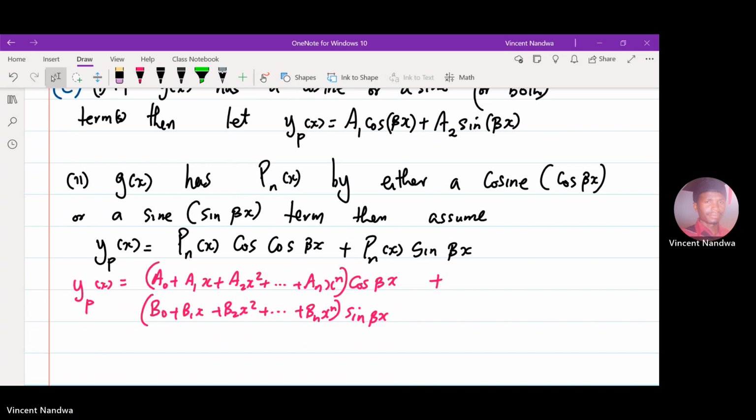And when you differentiate either a cosine function or a sine function, you'll always get an answer in the other form. If it is sine, you'll get a cosine, and if it's cosine you get a sine. So that's why whenever we have either of the two, when you're getting the particular form, both sine and cosine are taken into consideration.